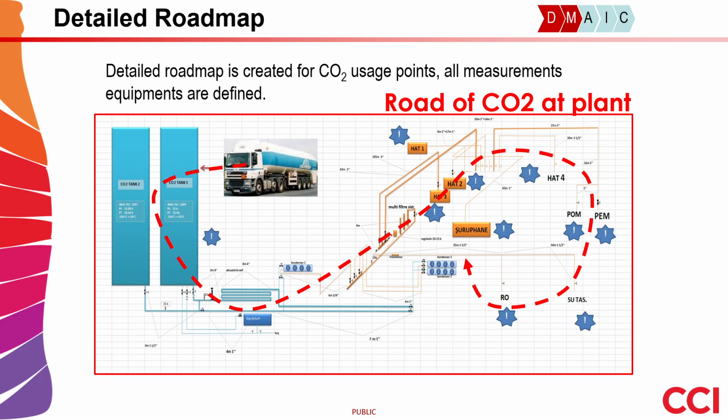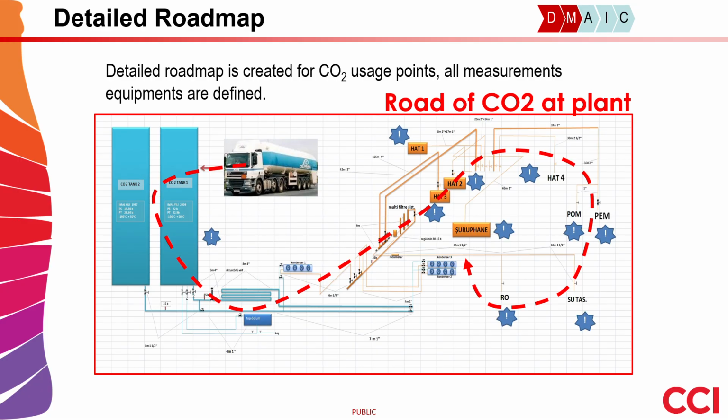Another example, and we will just give a brief overview. In the next video, we will have a complete understanding of this. We will make a detailed roadmap of the main key performance indicator that we are going to analyze. For example, for carbon dioxide, we have this detailed roadmap. What is the structure?